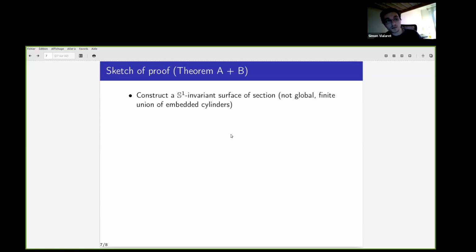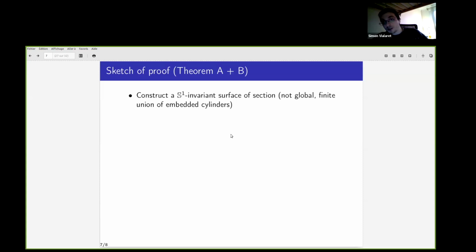When I have a flow in a manifold, a surface of section for this flow is an embedded surface, possibly with boundary, that has the following property: when I take a point on this surface and follow its orbit by the flow, I will hit this surface again in the future. In general, it's not easy at all, given some flow, to produce a surface of section for this flow. But once you have one, it's very convenient because it reduces the dimension of your problem.